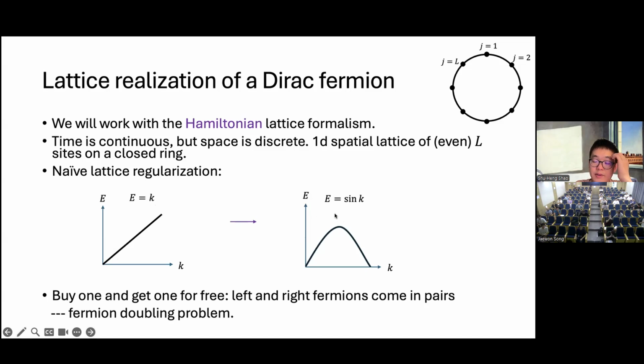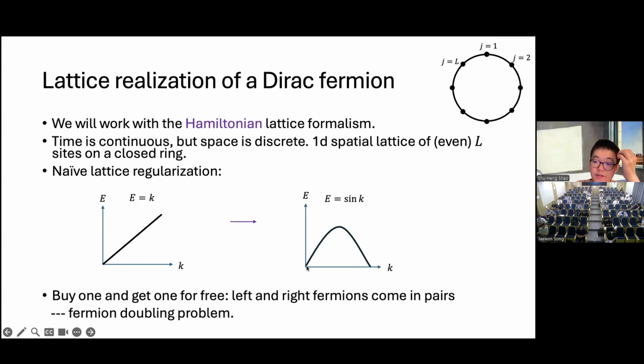Now, what's the simplest possible periodic function you can write down? It will be a sine function. If you look at this sine function, near k equals 0, this is where the low energy modes live. Near k equals 0, sine can be approximated by its argument, and you recover the dispersion relation for a right-moving Weyl fermion.